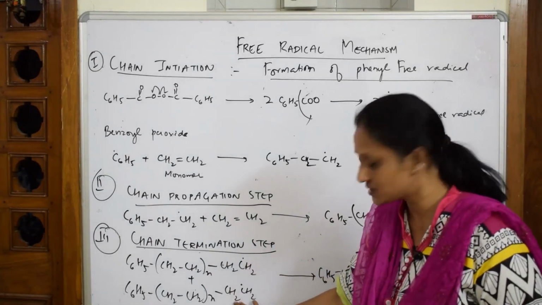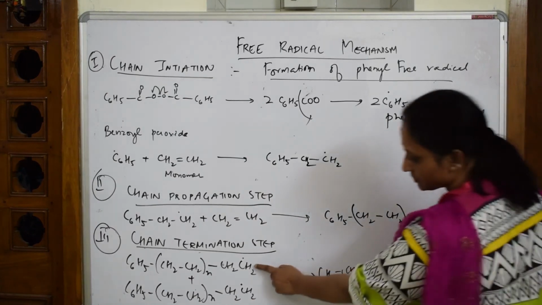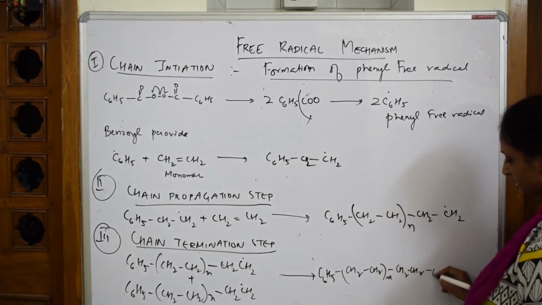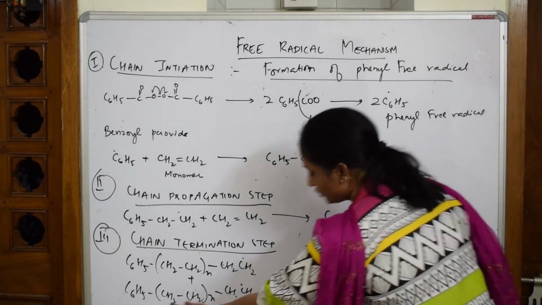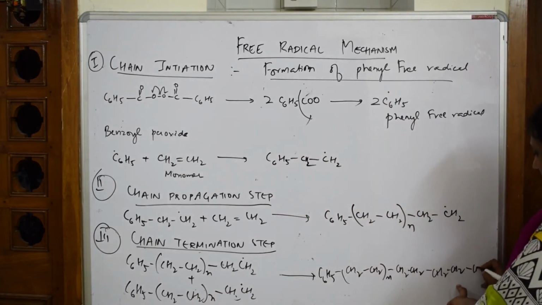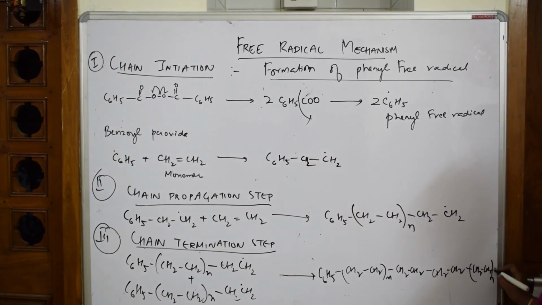Then you have this term, isn't it? Okay, I don't have place. I'm writing that here. So from here, I'm coming back to this point. You have CH2, again CH2. You have one more CH2. This is CH2, which is repeating, and the leftover C6H5. I'm writing it down. C6H5.